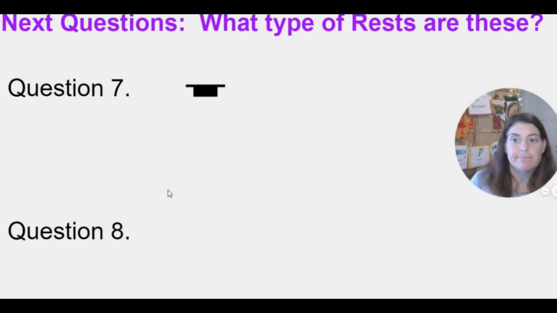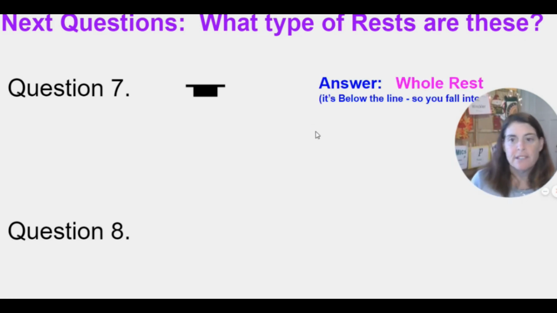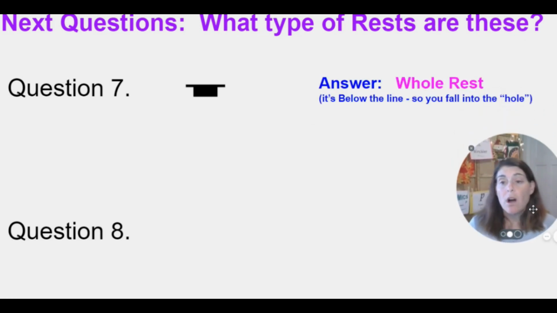Just little hints. Answer? Woo, woo. Whole rest. Hopefully you got it. That you're just kind of walking along and burp, it's below the line. So you kind of fall into the hole. And remember, if it takes up the whole measure, it's got to be whole rest.